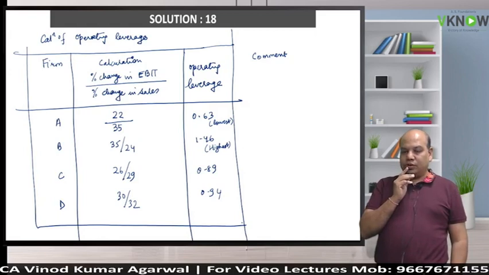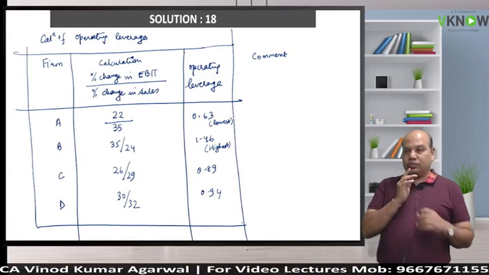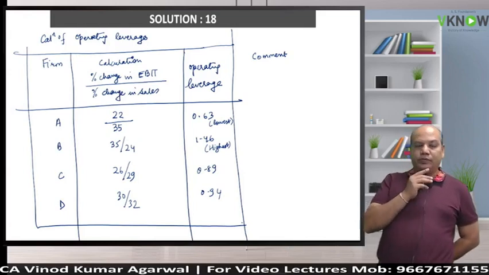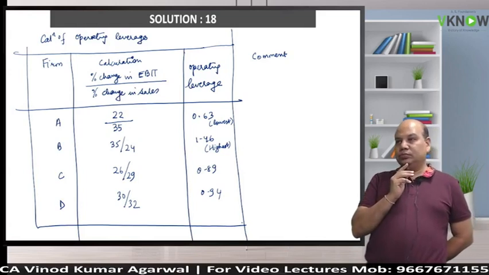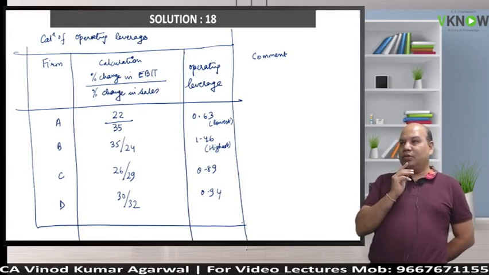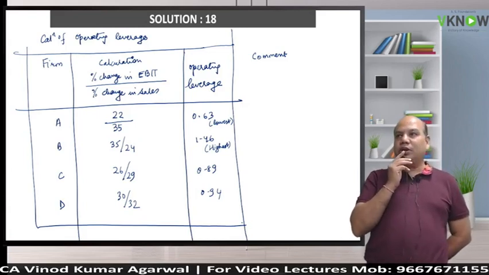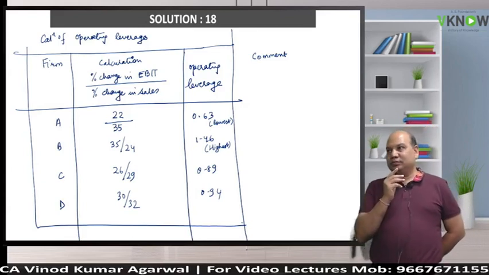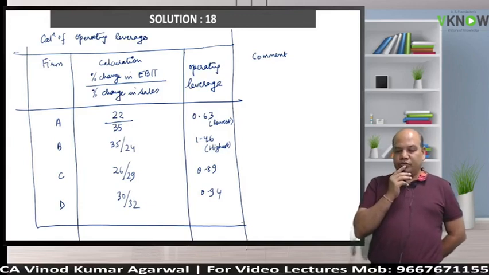But in the given question, the operating leverages of A limited, C limited and D limited are between 0 and 1.